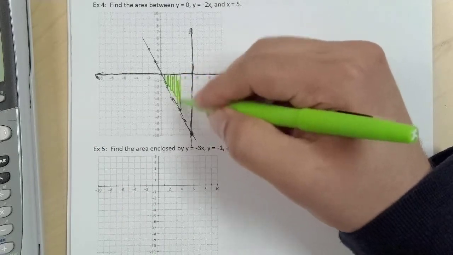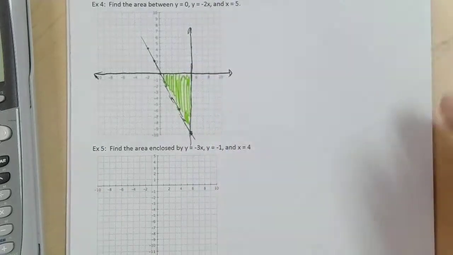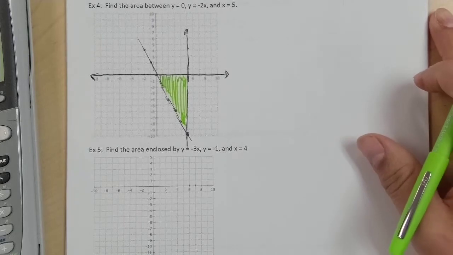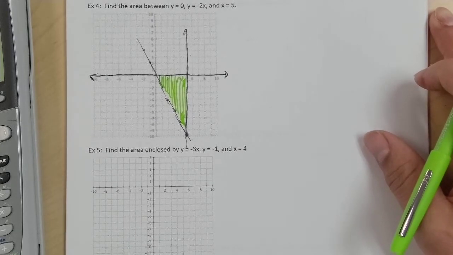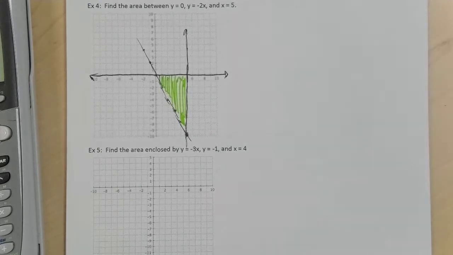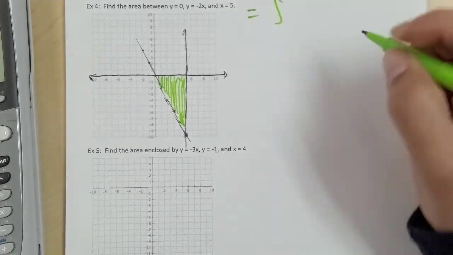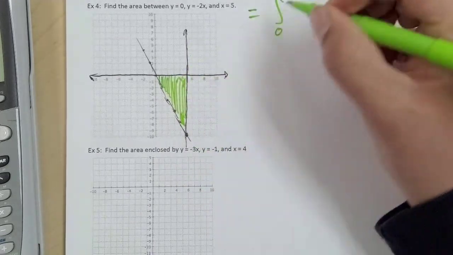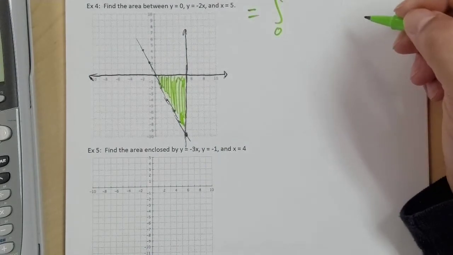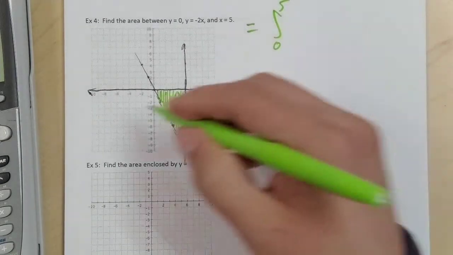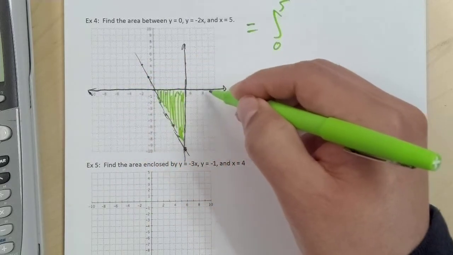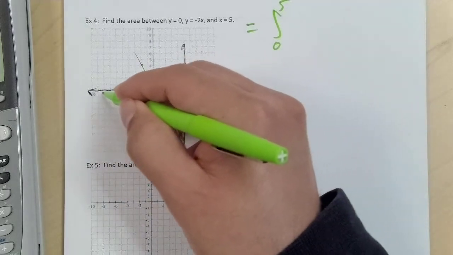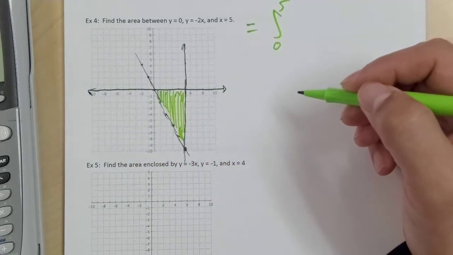This thing. Now look. I'm going to set it up because we need to know the calculus. Left bound is 0. The right boundary is obviously 5. What is the upper curve in this case? That's 0.